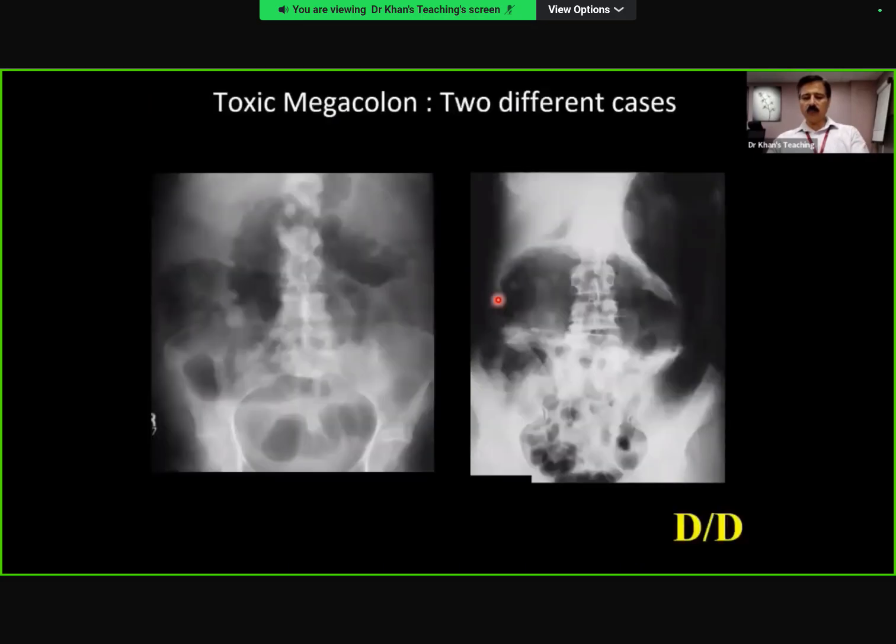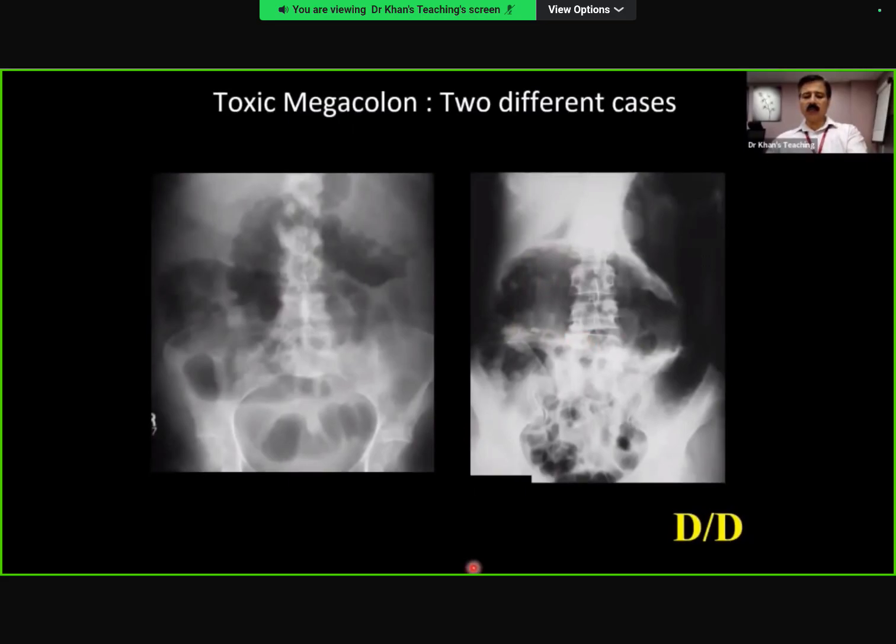Let me show you another case. Rather, these are two different cases. Again, you will see that there is loss of haustra, complete loss of haustra. This is known as thumbprinting. And these things projecting into the lumen are mucosal tags, simple as that.